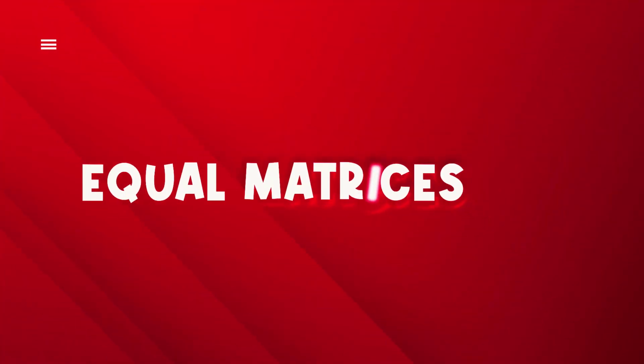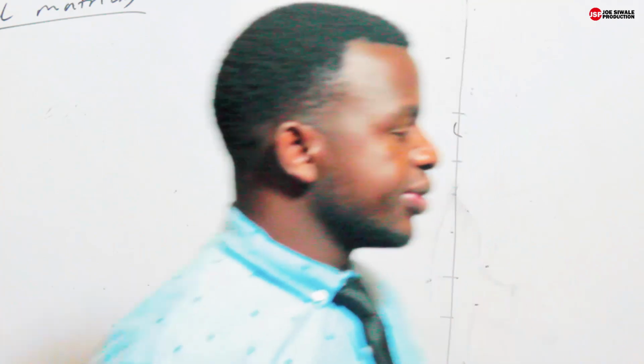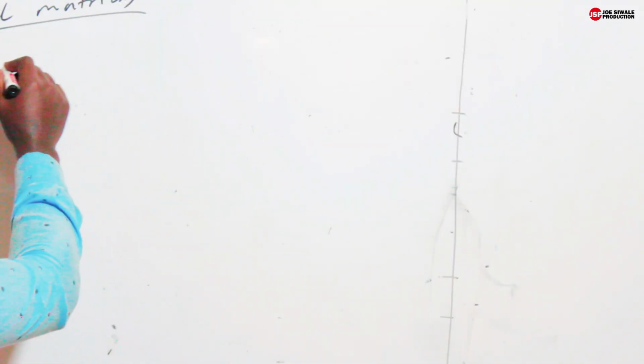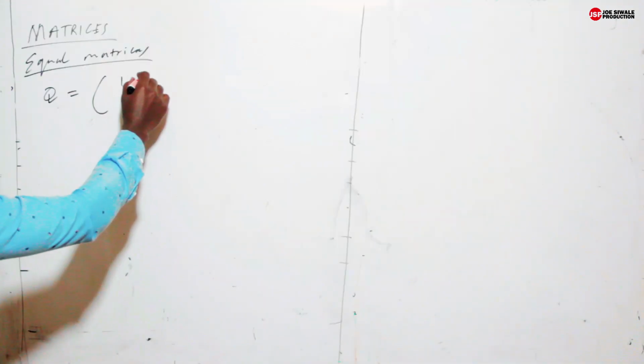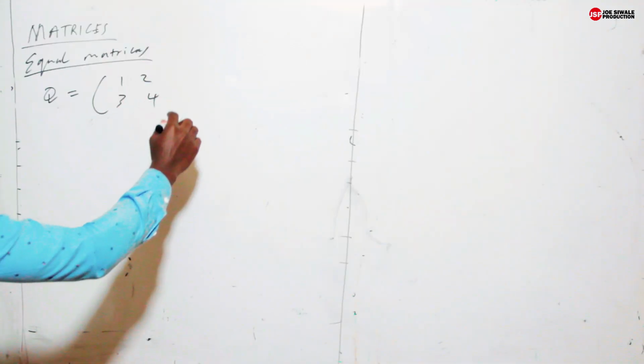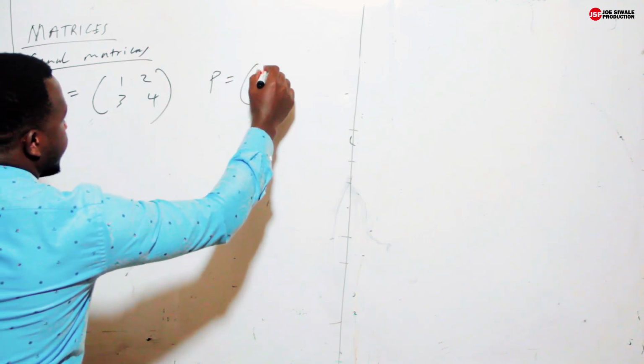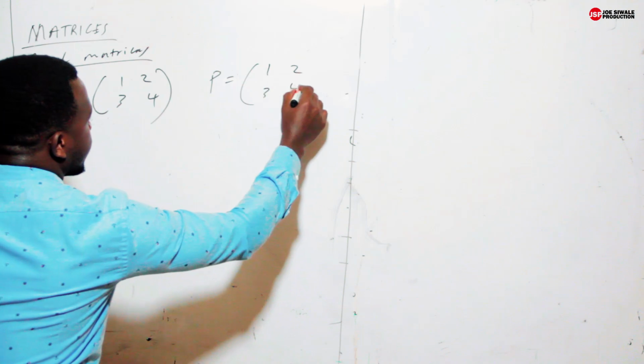Let us now look at equal matrices. Matrices are said to be equal if their corresponding elements are the same. Let us look at these examples. For example, matrix Q has 1, 2, 3, 4, and matrix P also has 1, 2, 3, 4.